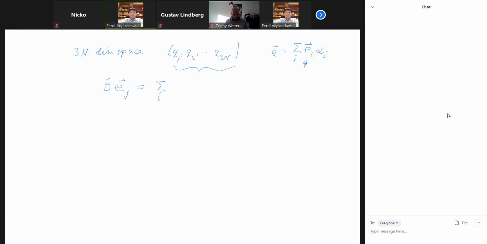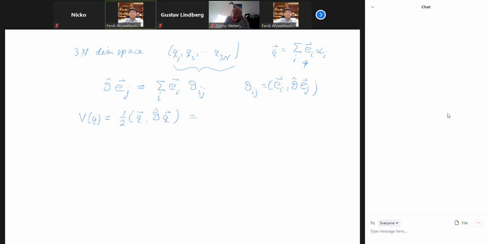Like before we have dij like this. And so dij is then just the matrix elements of some operator D. And so the potential can be written as the product between some vector and D, which is the dynamical matrix.